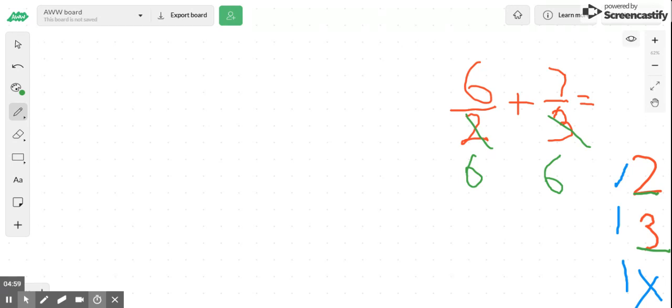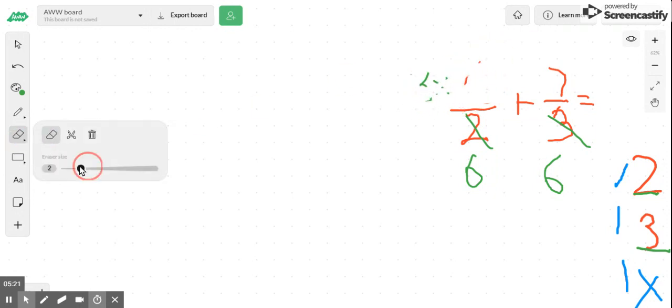If we multiply the denominator by 3, we have to do the same for our numerator 6. So we're going to do 3 times 6, which equals 18.